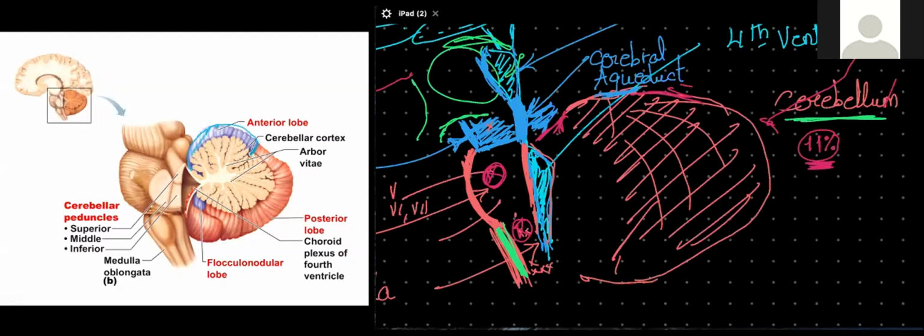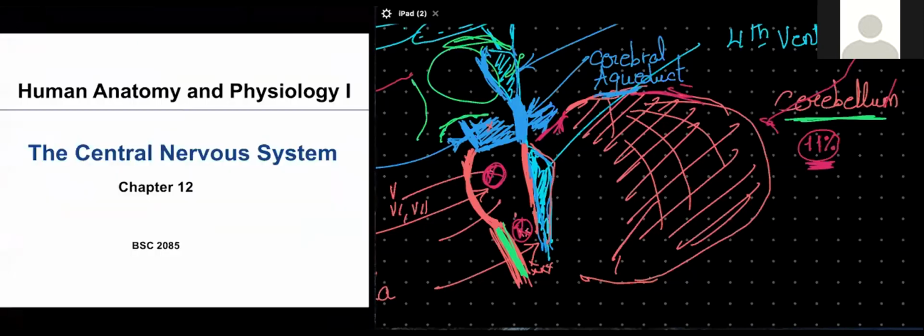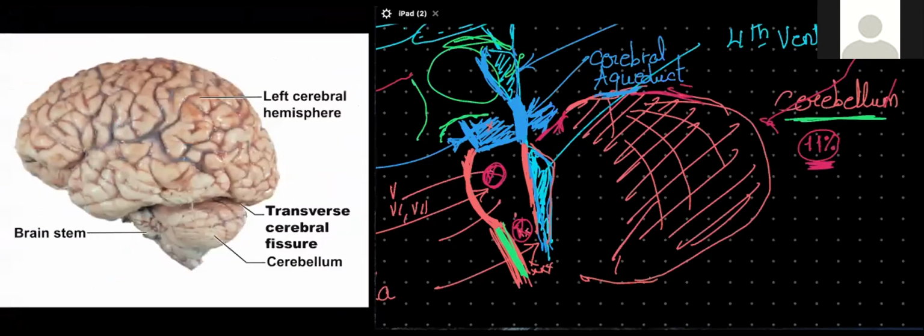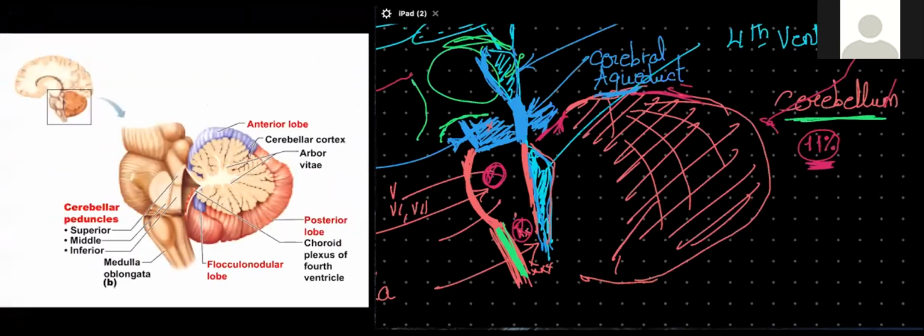The cerebellum is going to have an anterior lobe, posterior lobe, we've got here anterior lobe, posterior lobe, and the third lobe on here is going to be my flocculonodular lobe.